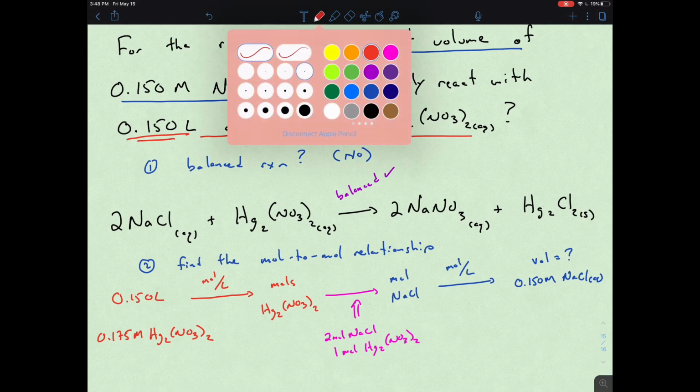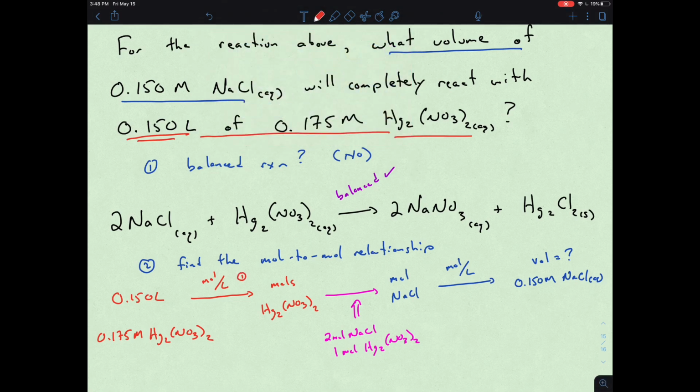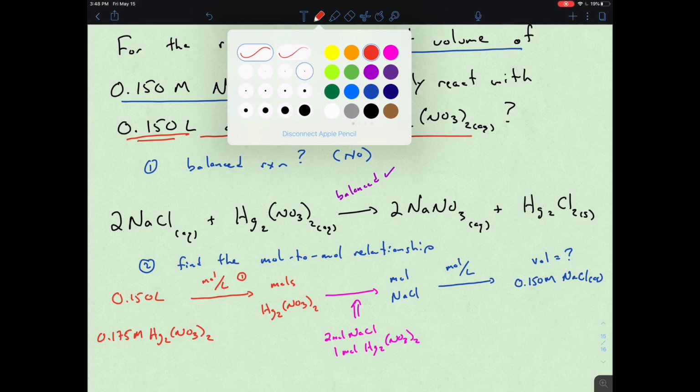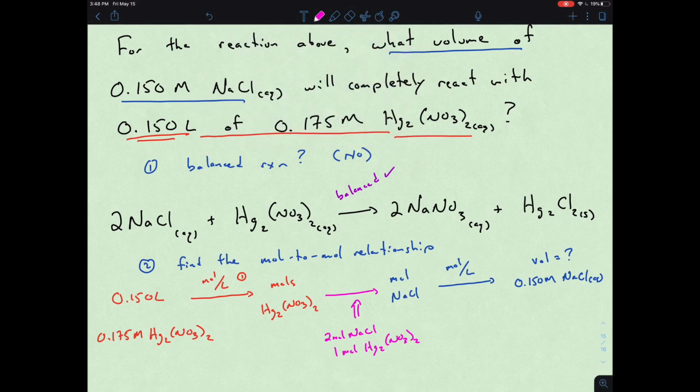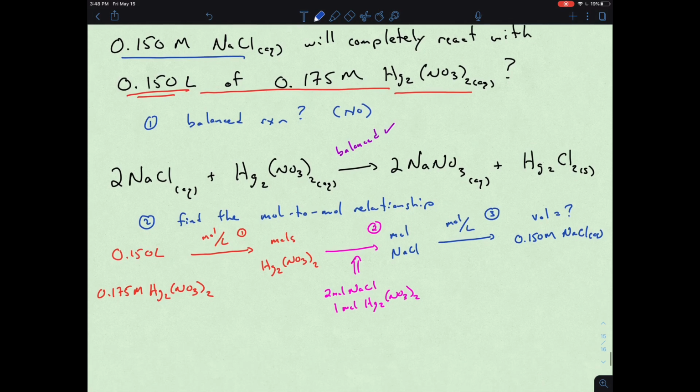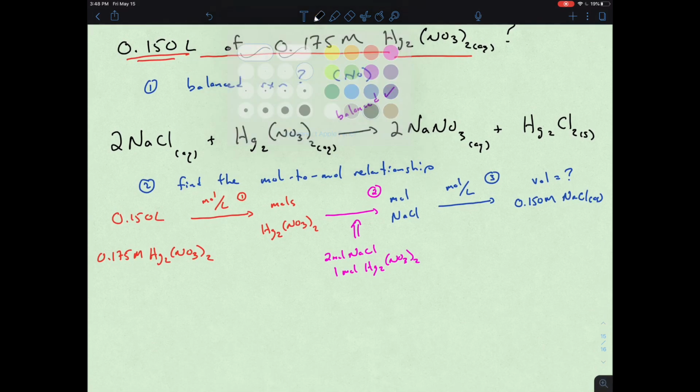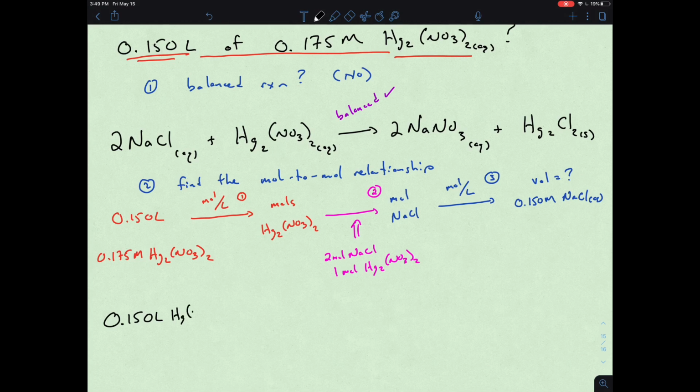So we have basically 3 steps that we need to do. We need to get to moles so that we can get on to the mole-to-mole superhighway. And then finally we can do the last conversion to get to our volume. So let's start with that measurement. We have the 0.150 liters of our aqueous mercurous nitrate.